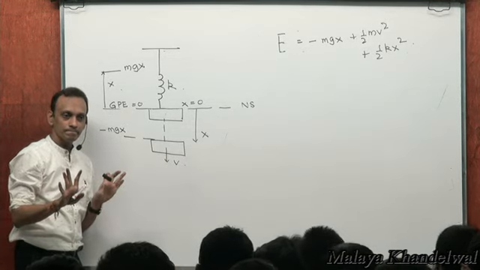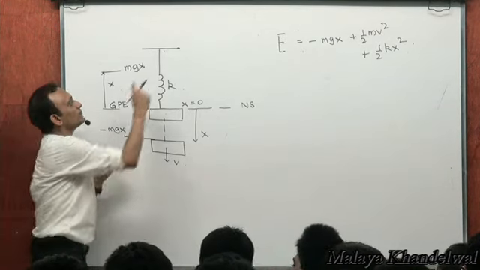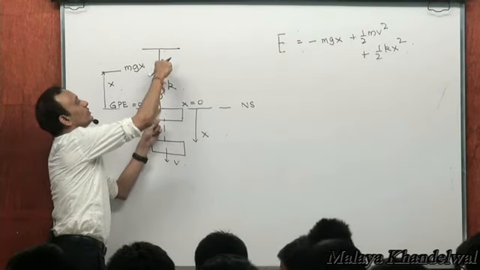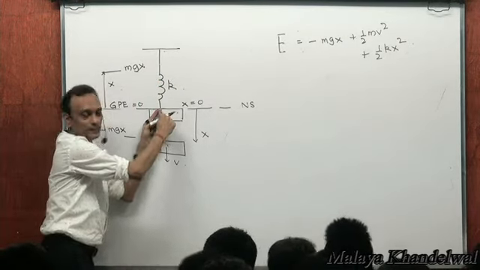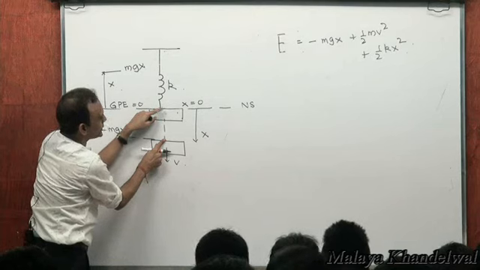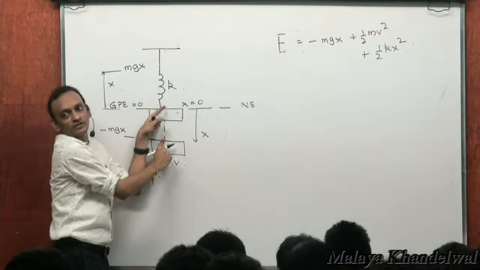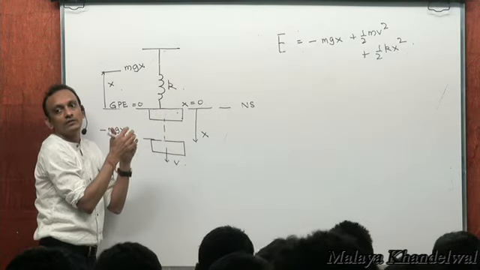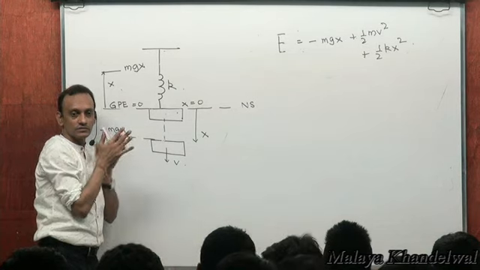I can choose anything as the zero of potential energy. This point x units above will be potential energy mgx higher than this point, and this point will be mgx lower in potential energy. That's why it's minus mgx.